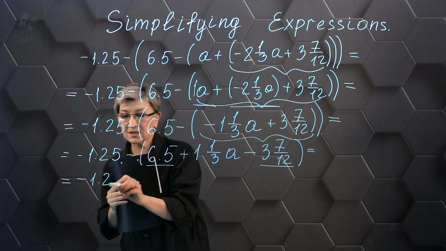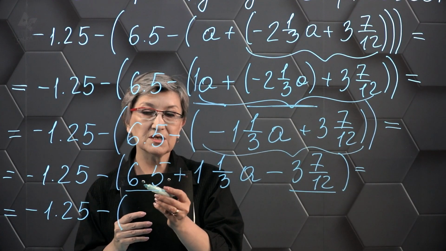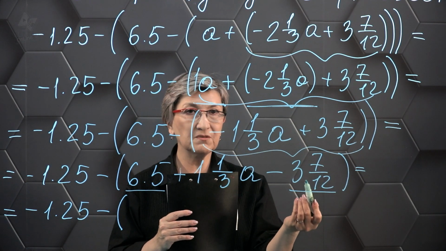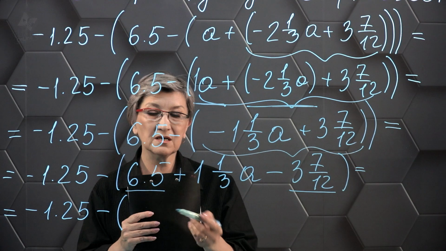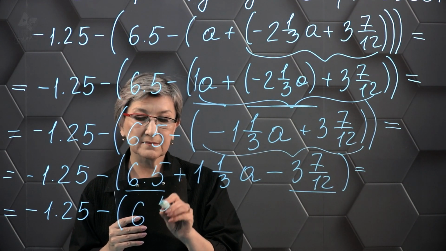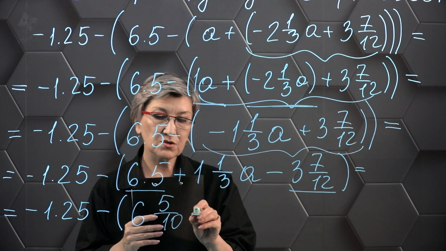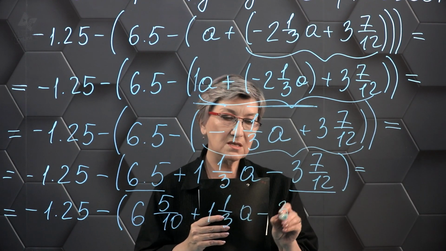Then we have minus 1 25/100 minus similar summands of 6.5 and 3 7/12. Let's write the decimal number 6.5 as a fractional number, plus 1 1/3 a and minus 3 7/12.